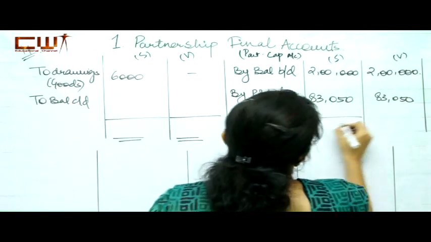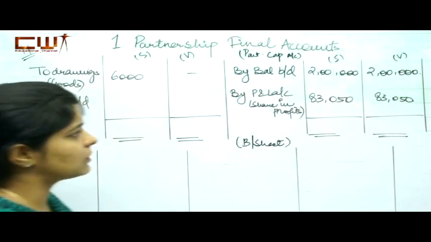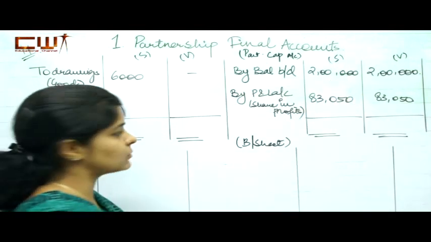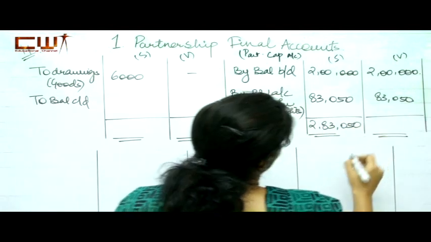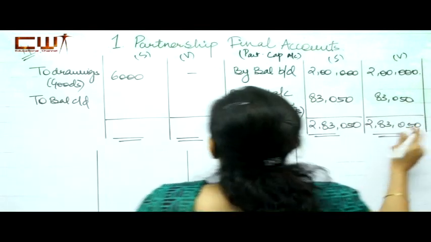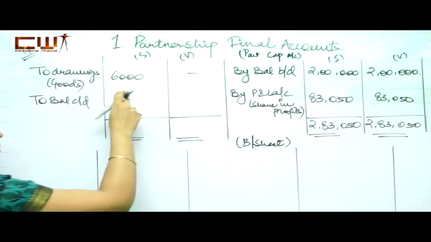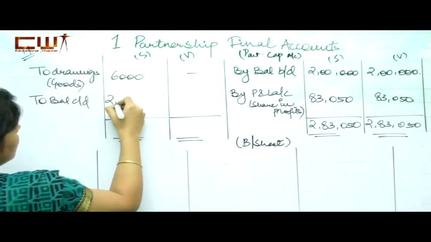Close the accounts. Calculate the figures. 2 lakh plus 83,050 will give you 2,83,050, and 2,83,050. Come to this side, 2,83,050 minus 6,000 will give you 2,77,050.